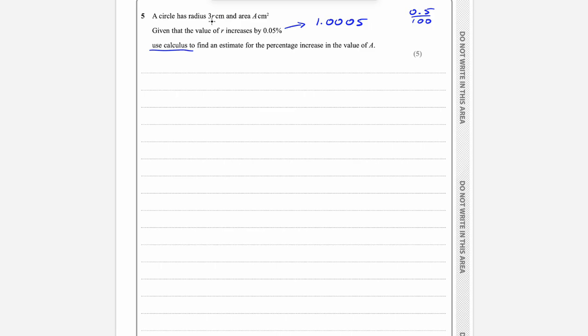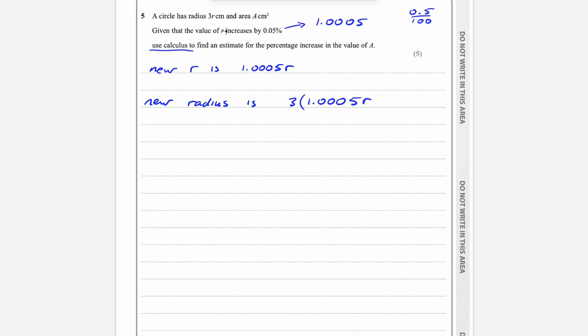So the new r is 1.0005r. So the new radius is 3 times 1.0005r.